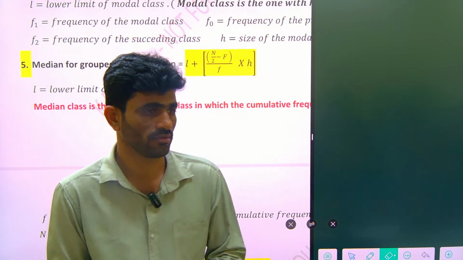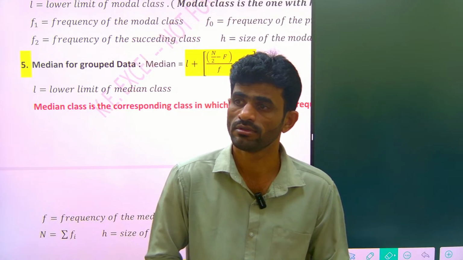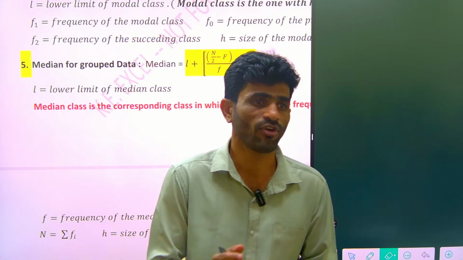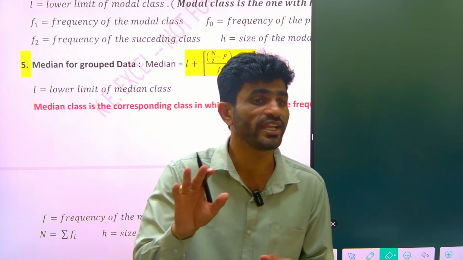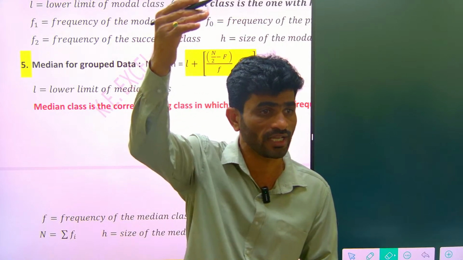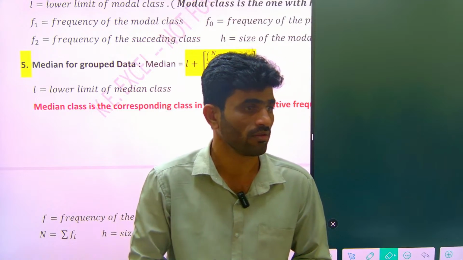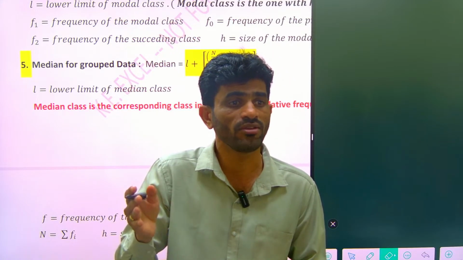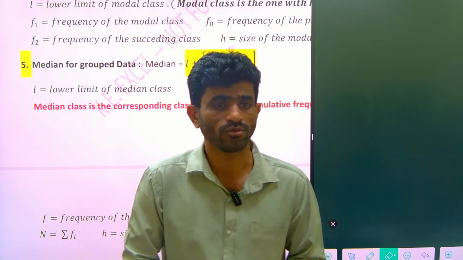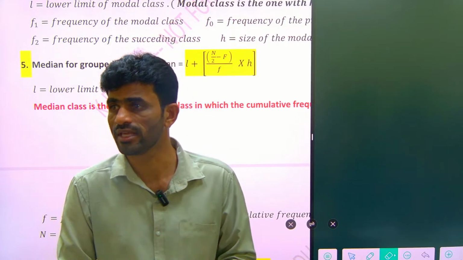Suppose in the next class, 30 to 40, you have 20 observations. Frequency is 20. Then first 13, next 10, 23, 23 plus 20 is 43. So you have 24 to 43 only. Do you have the 50th observation there?